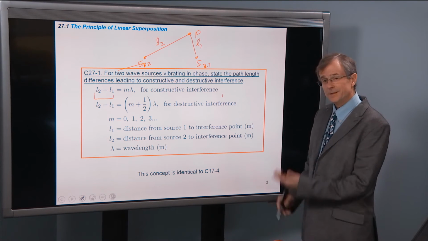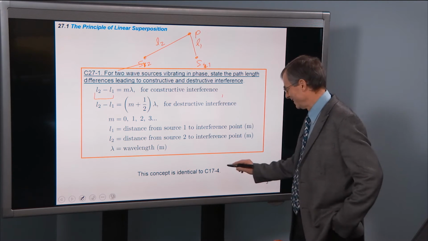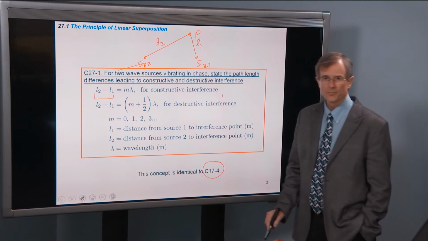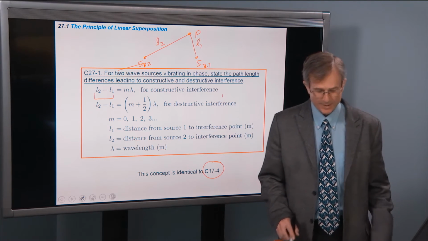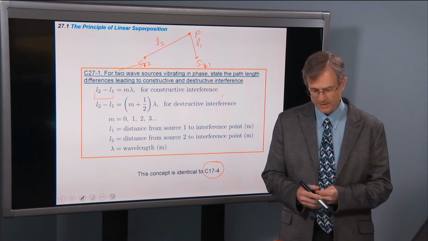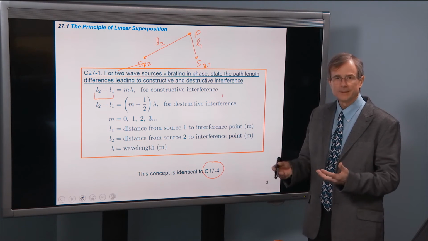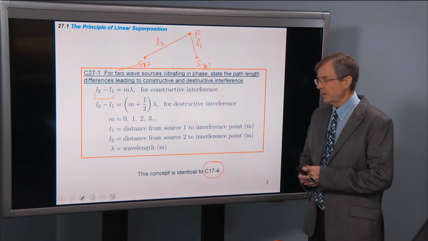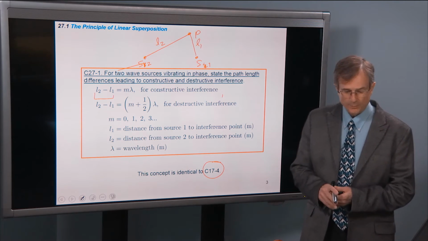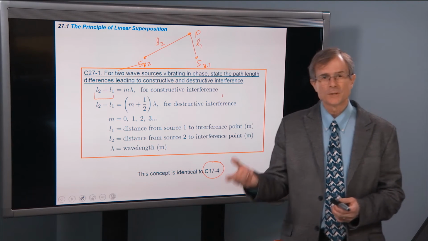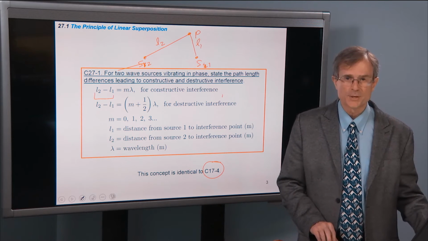And in fact, this is absolutely identical to concept 17-4. Why do we have it as a separately identified concept? The reason is just to make sure that we've got it, again, in studying light interference versus sound interference that we talked about in chapter 17.